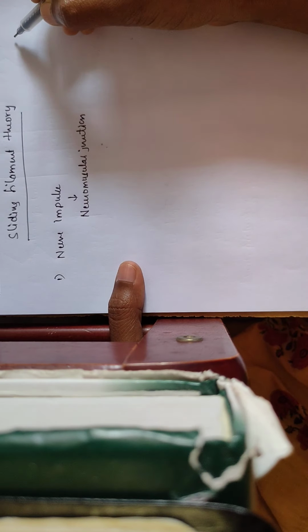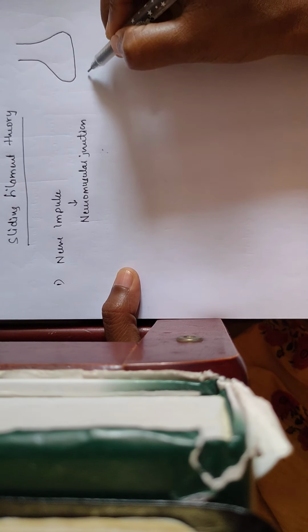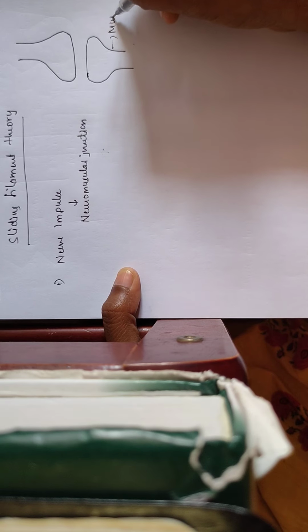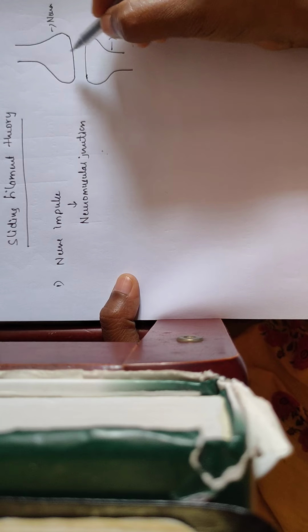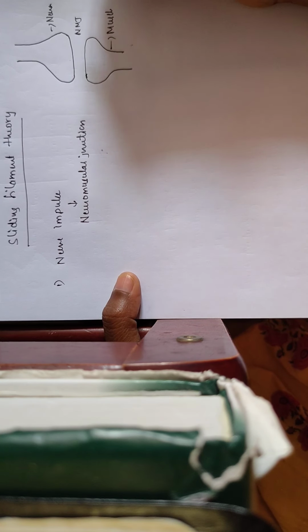Here, this is one neuron and this is a muscle end plate. This is a muscle and this is a neuron. This junction you will call the neuromuscular junction.